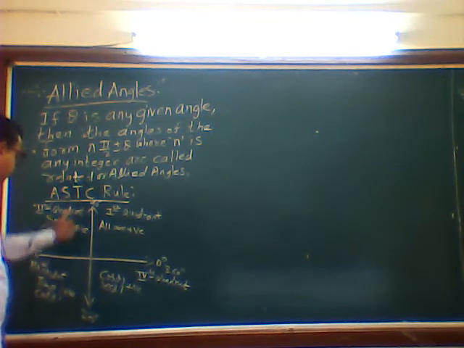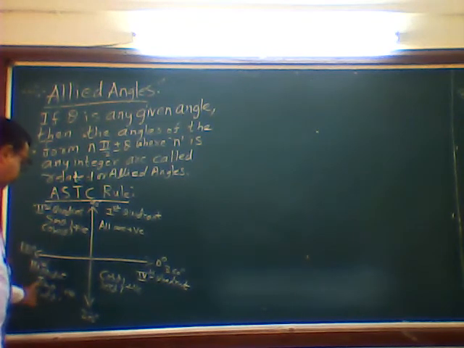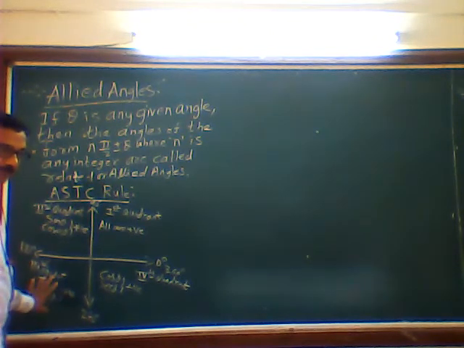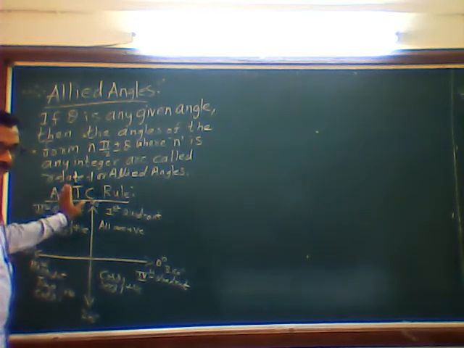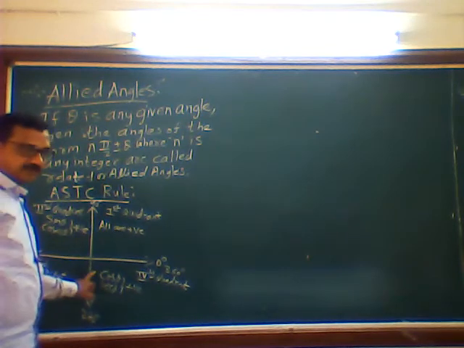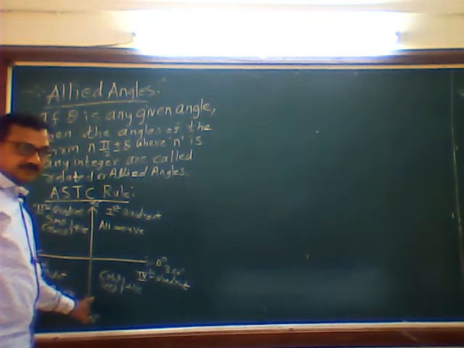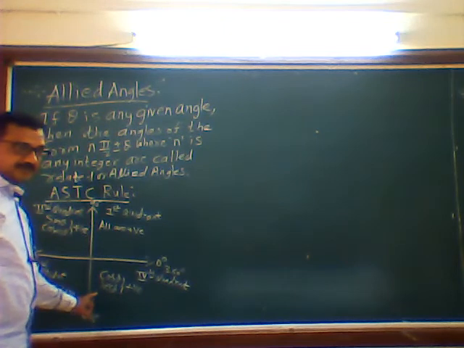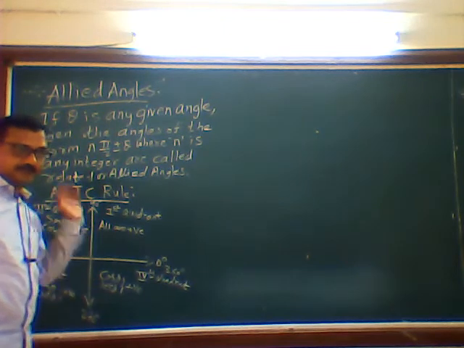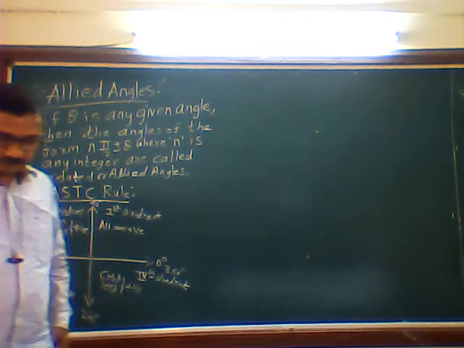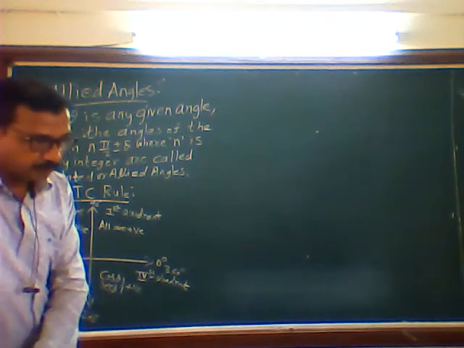T stands for tan theta and cot theta, positive, remaining 4 are negative. C stands for cos theta, its reciprocal relation is sec theta. Cos theta and sec theta are positive, remaining 4 are negative. Got it? So this way the rules are defined.